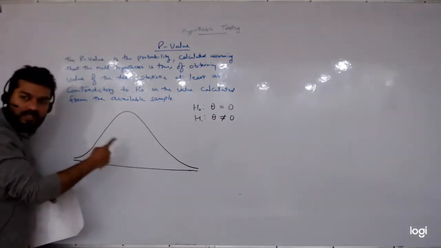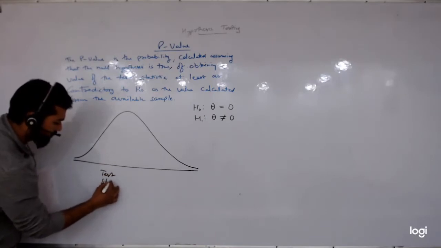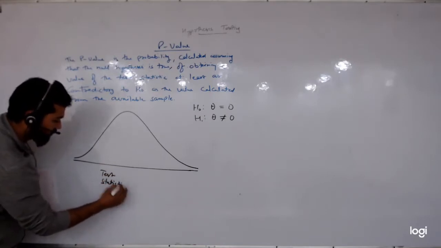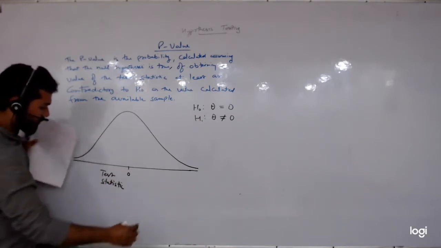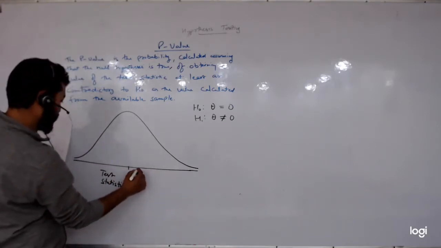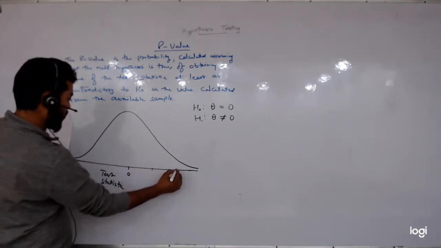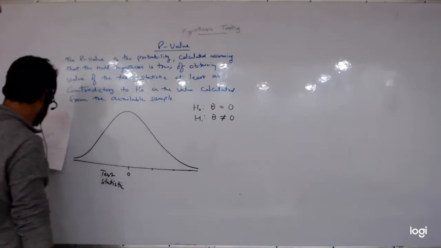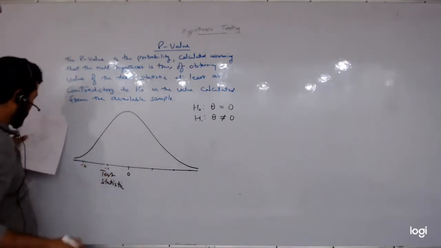So this is still the distribution of the test statistic. This was centered on 0. We have 1, 2, -1, -2.